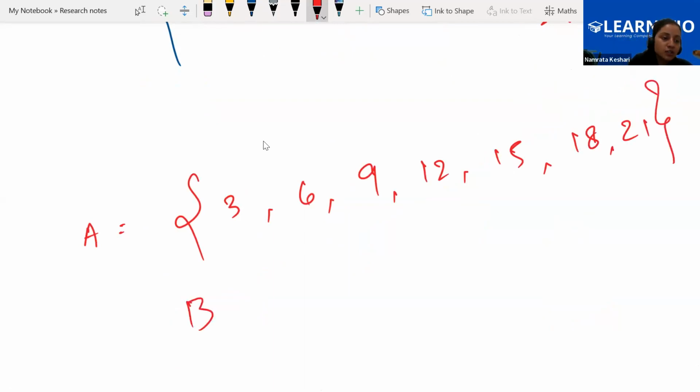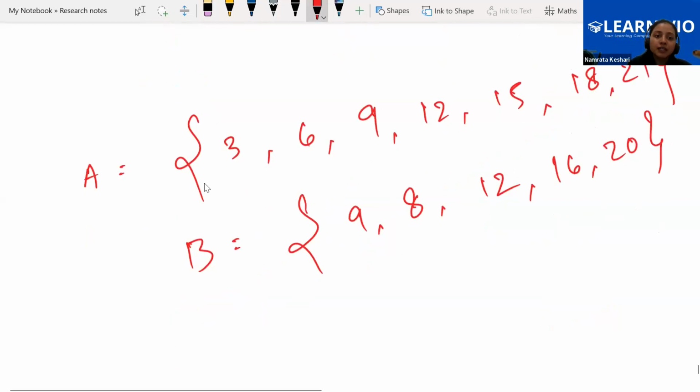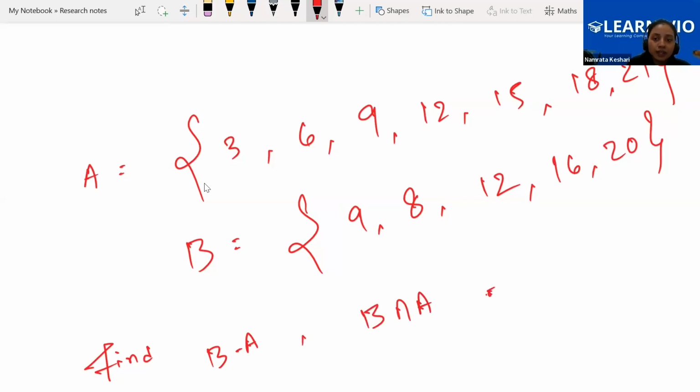Set B was given over there: 9, 8, 12, 16, 20. The question is find B minus A, then find B intersection A, then find A union B. Let's do it quickly because this one is not that tricky, right?